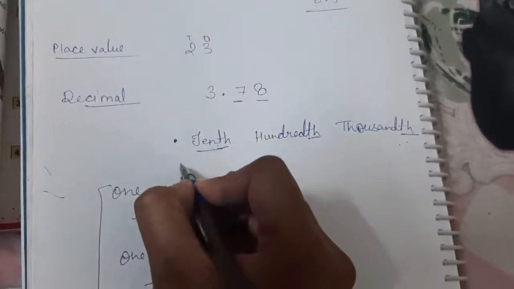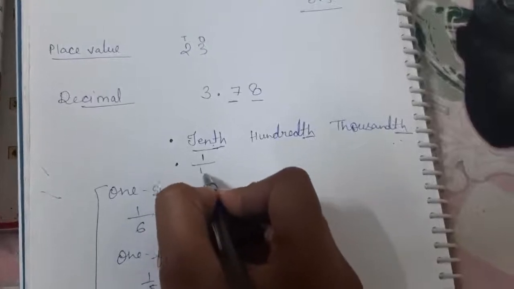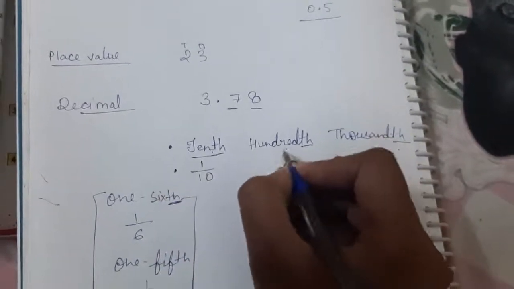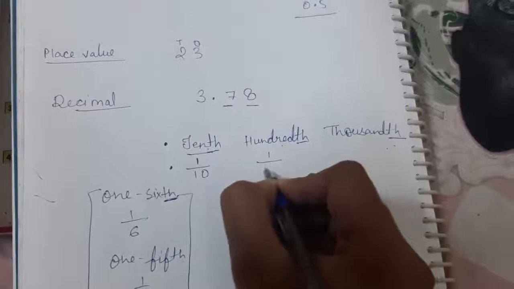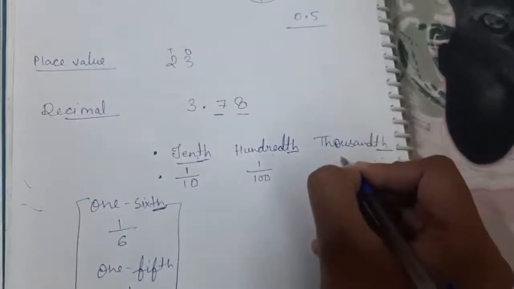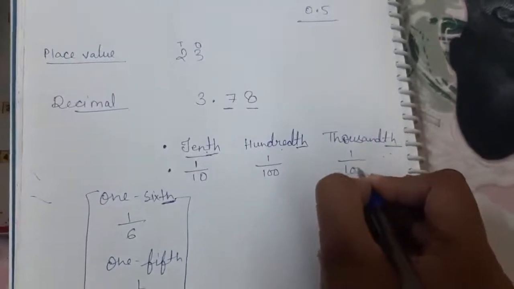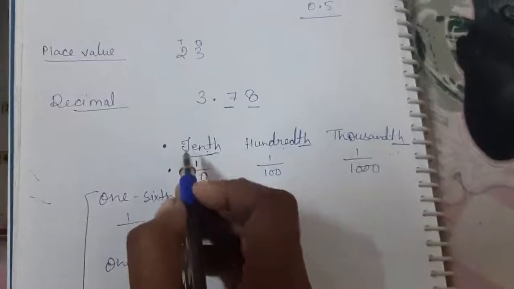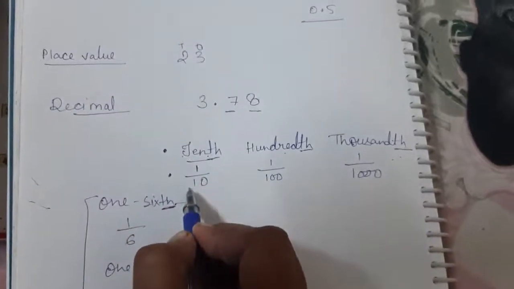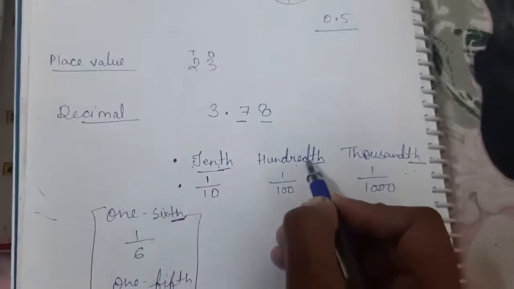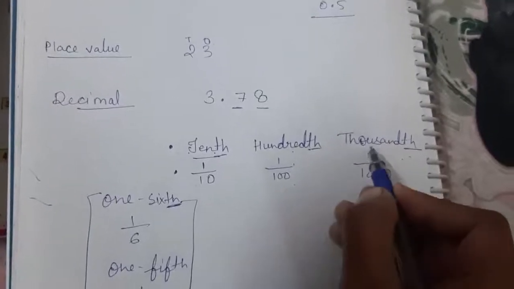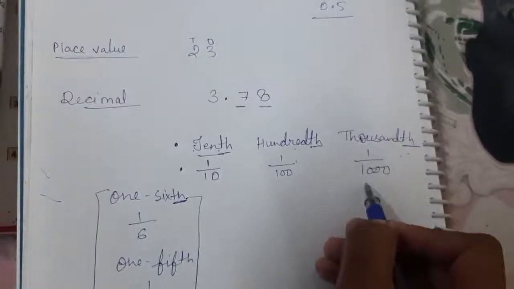Tenth means 1/10, hundredth means 1/100, and thousandth means 1/1000. So we represent tenth as 1/10, hundredth as 1/100 and thousandth as 1/1000.